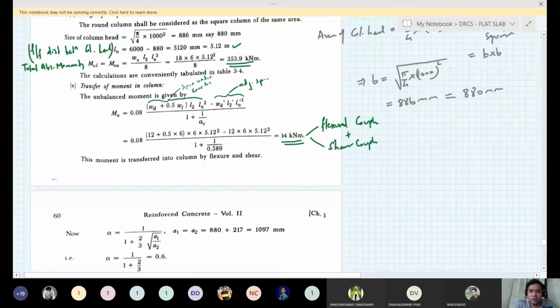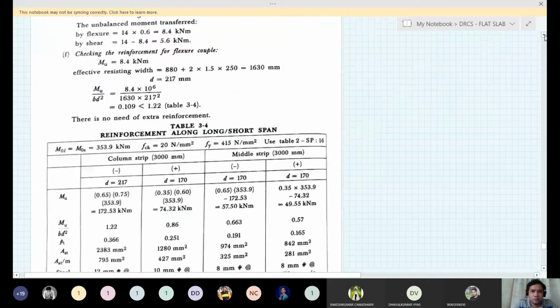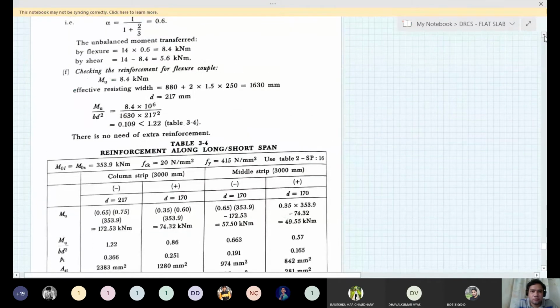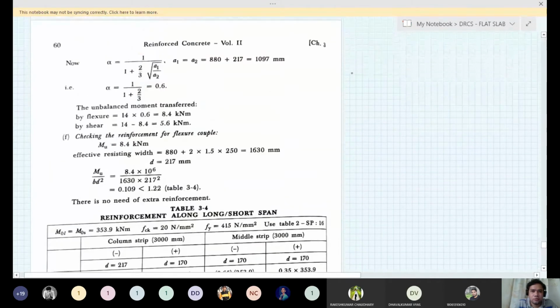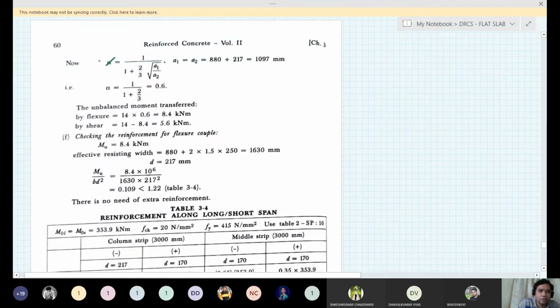So we have to find the factor gamma by which the fraction of this total unbalanced moment is shared by the flexural couple and the shear couple. Here in the book they have used alpha, but in the theory we have used this term as gamma, so we will be using this as gamma.